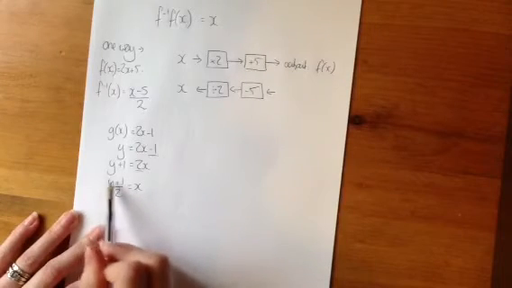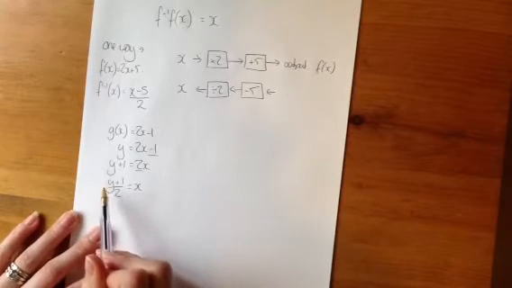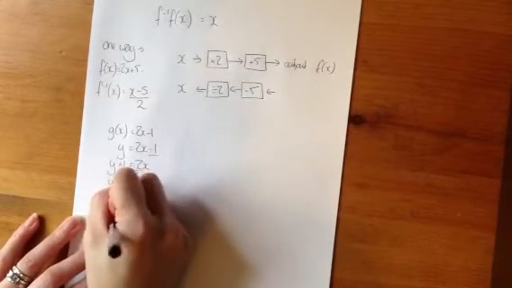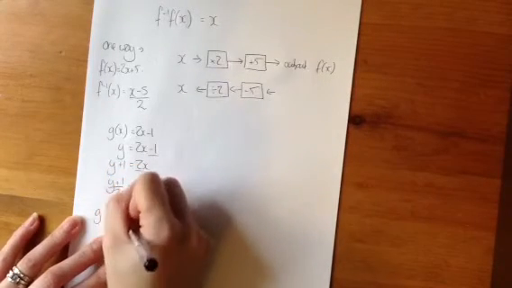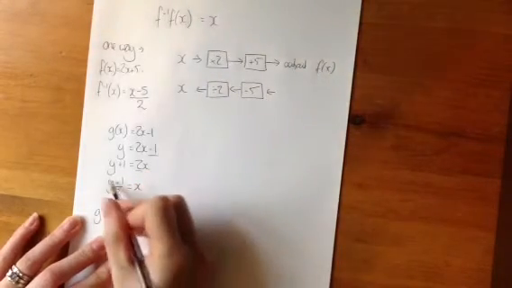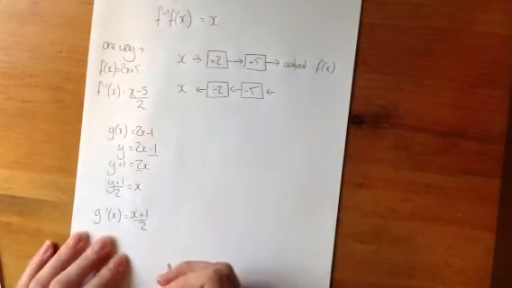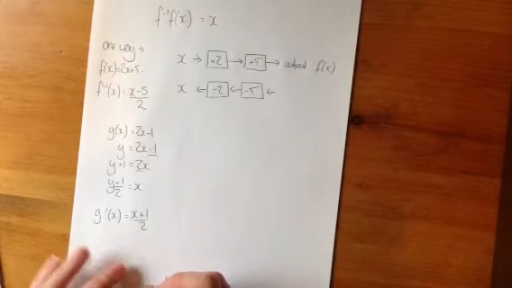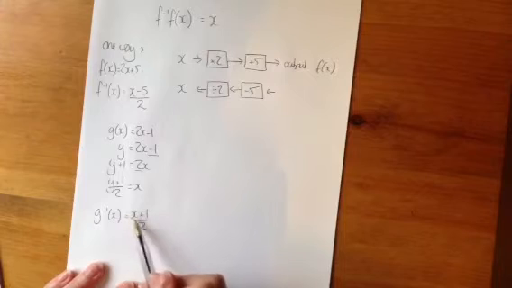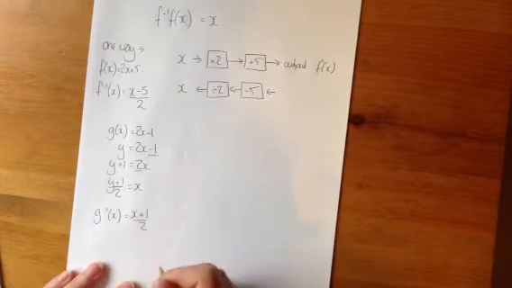At the moment we've got it in terms of y, however what we would normally do is put the inverse function of x is equal to x plus 1 over 2. So rather than using the y, we tend to stick with the x just because it's convention. It's not the end of the world, but x would be the best way to go.